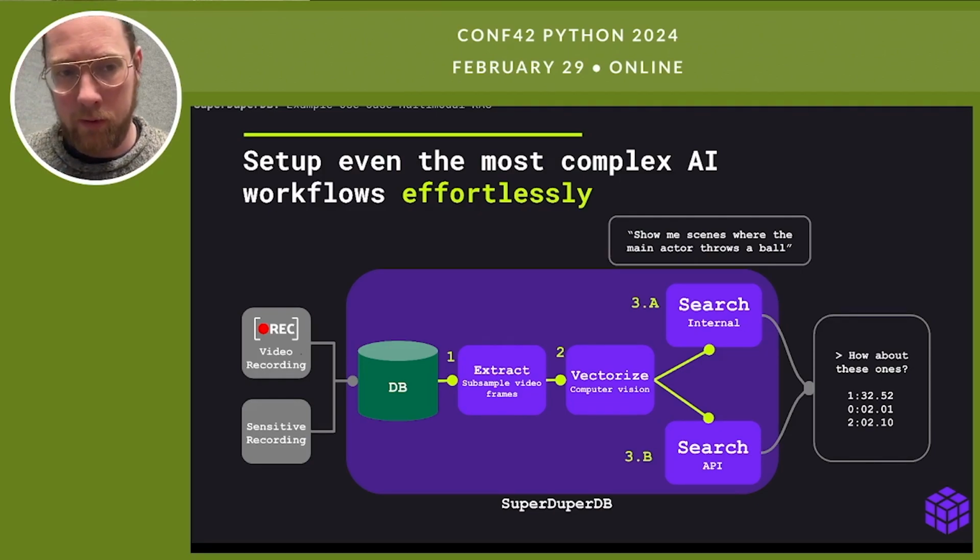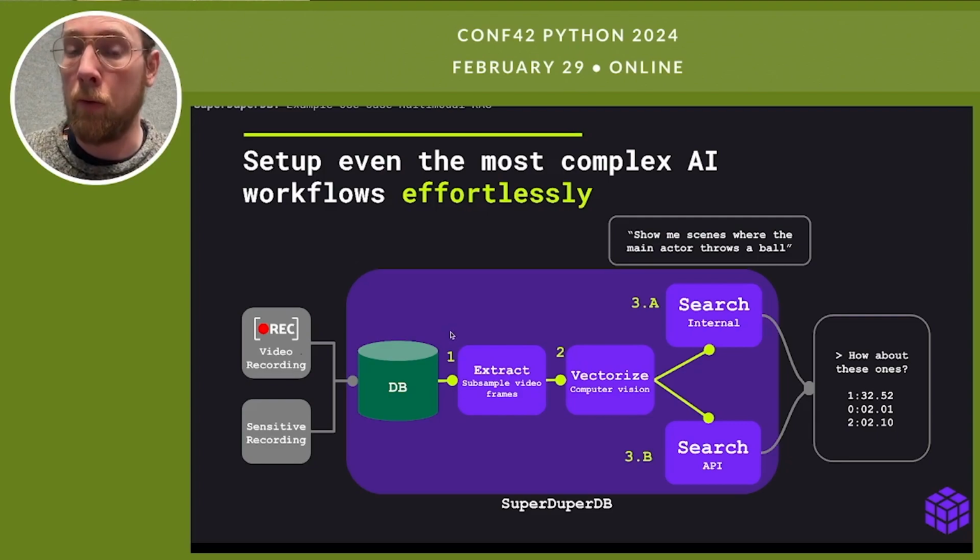So in this case, what we can do with SuperDuperDB with very few Python commands is simply add the videos to the database, specifying only the URIs of where the videos are located.